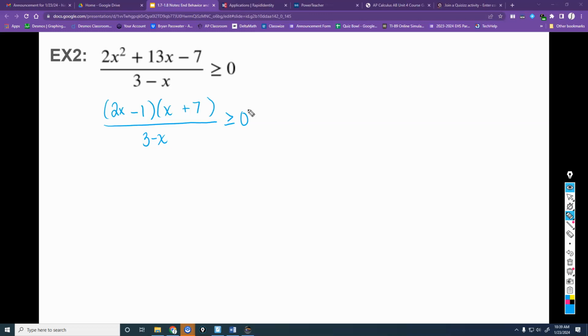The first and the last should be correct because I picked 2x and x to get 2x squared. I picked positive 7, negative 1 to get negative 7. So those should be correct. So really I just need to check the inners and the outers. And so this will be 7x and this will be negative 2x. And that does not give me positive 13, right? So that does not work.